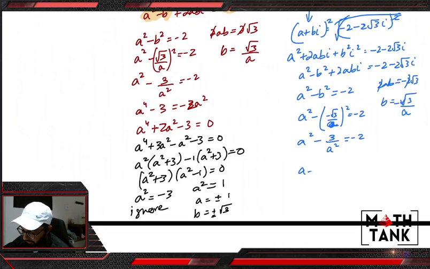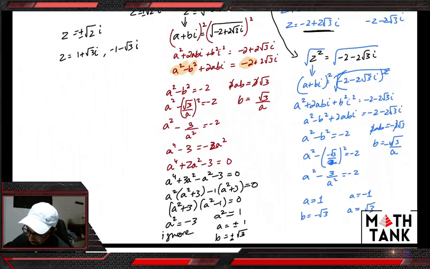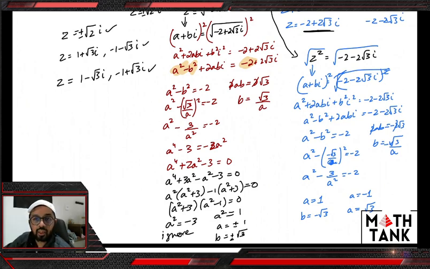So I can just say that this is again going to boil down to a equals plus minus 1, 1 and minus 1. But in this case, if a is minus 1, b would be plus root 3, and if a is 1, that's minus root 3. So the two other complex roots are therefore 1 minus root 3i and minus 1 plus root 3i.